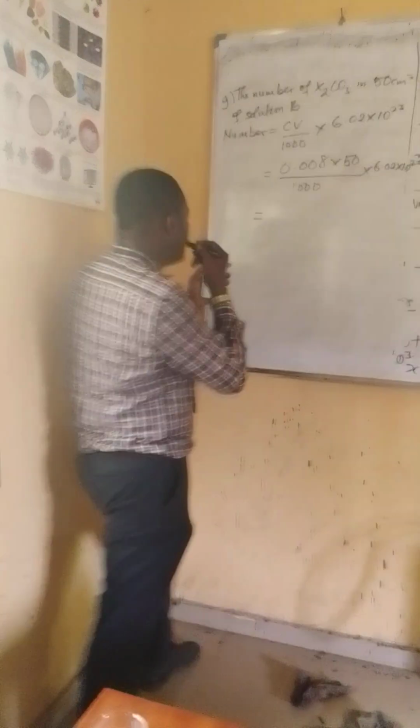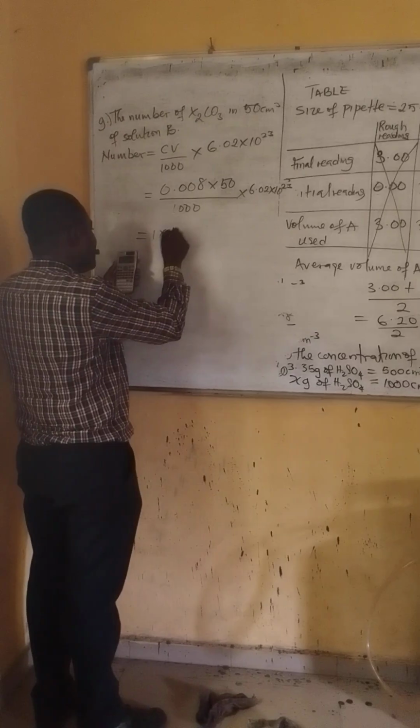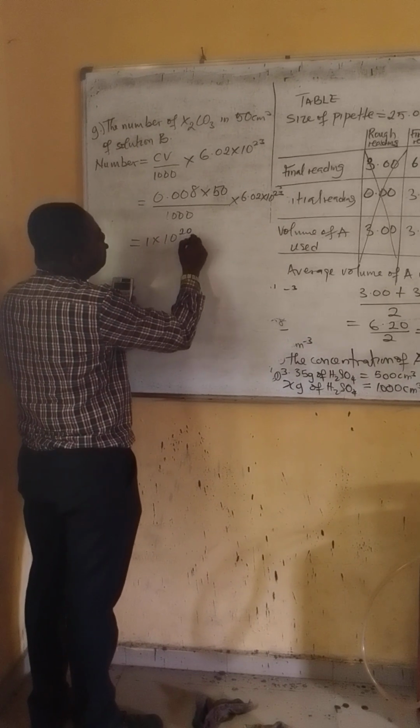Okay, so that is 1 times 10 to the power 20 particles.